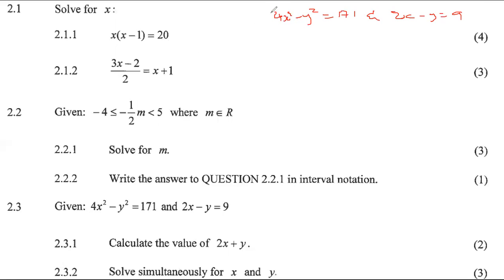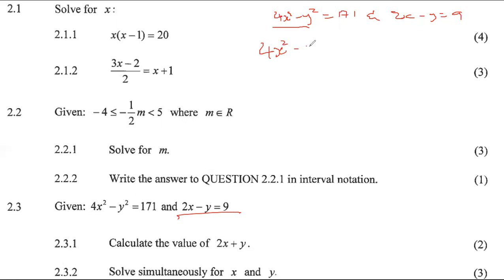So what I would really do in this case is to see where 2x plus y will come from. I can see that's a difference of 2 squares, so I'm going to go ahead and factorize this.